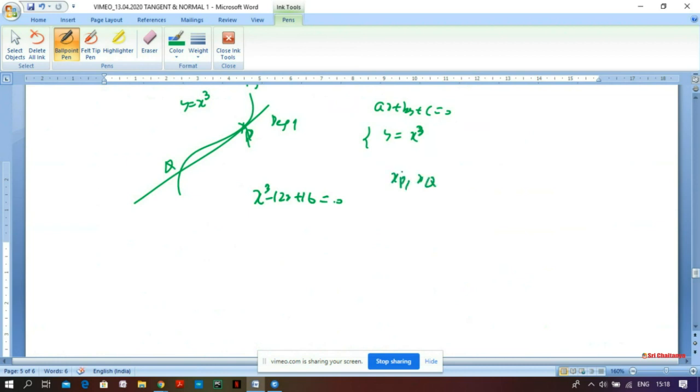We already know that x_P was here 2. So you will find that it should give rise to 2 and 2, and the third should correspond to x_Q. So I can just use the product of roots. So 2 into 2 times x_Q is the product of roots, that is negative 16, and that gives you x_Q is negative 4, same as you got before, as you should get.